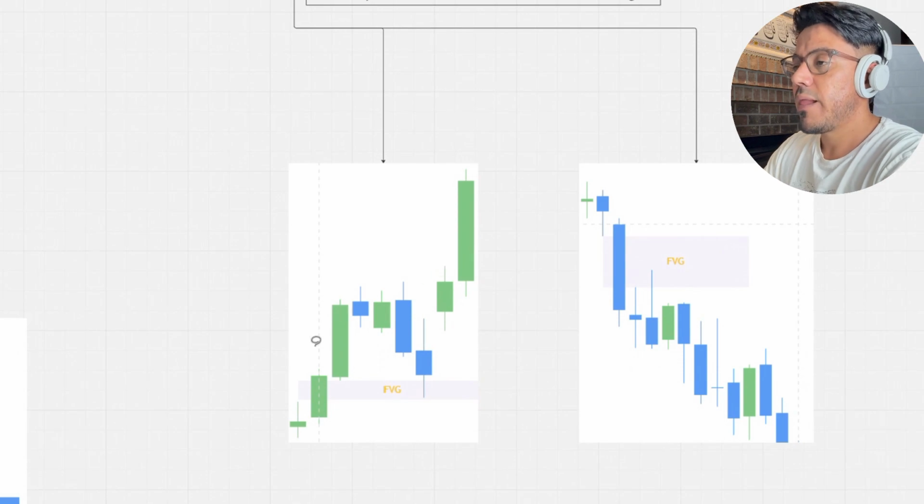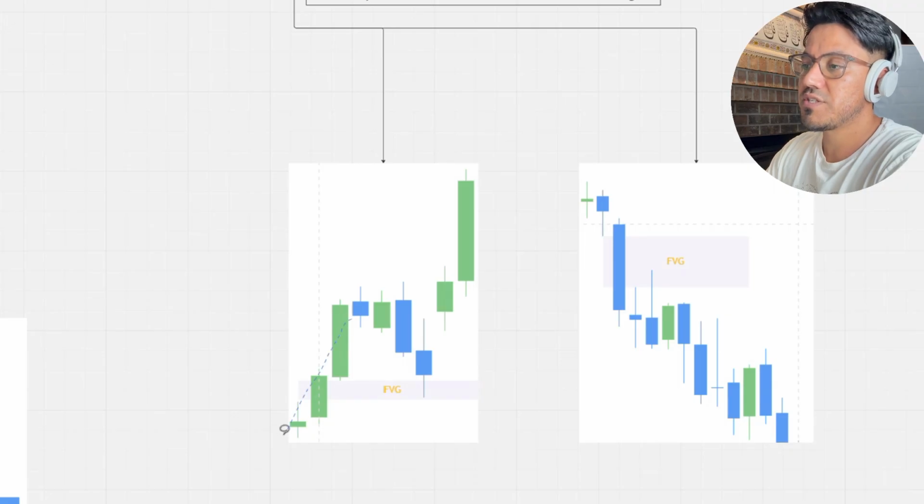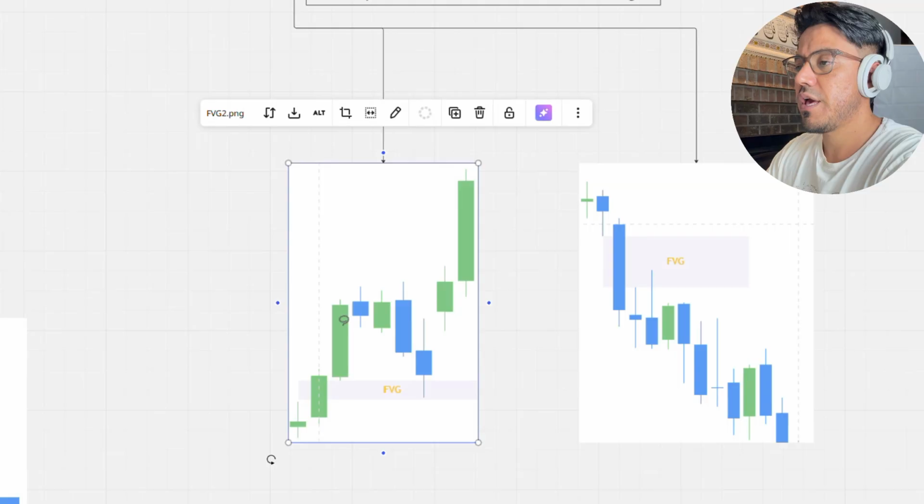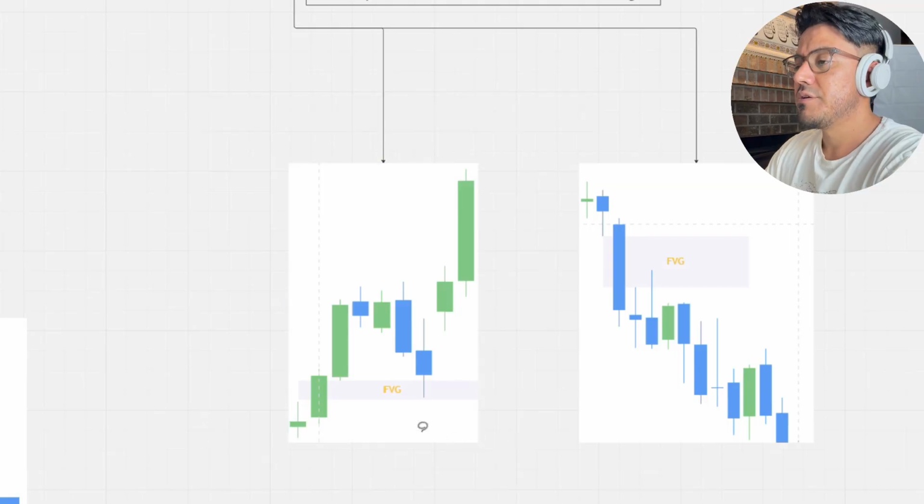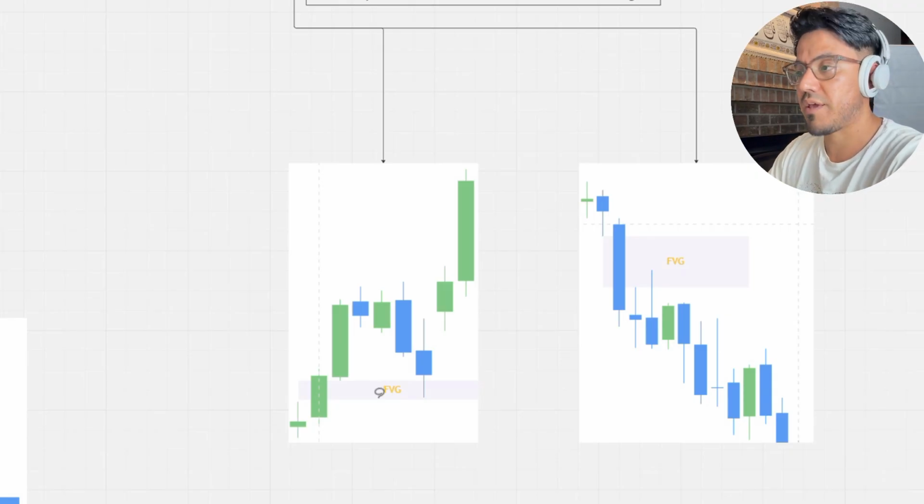In a bullish trend, the price is extending and there is consolidation, and in this extension we have 3 candles, 1, 2, and 3. There is a gap between candle 1 and candle 3. This gap is called a fair value gap, or a price vacuum.